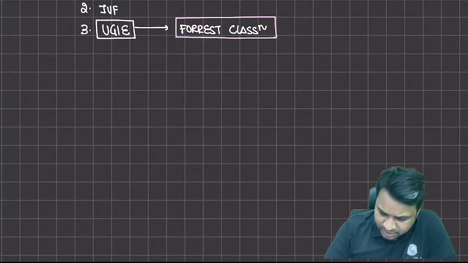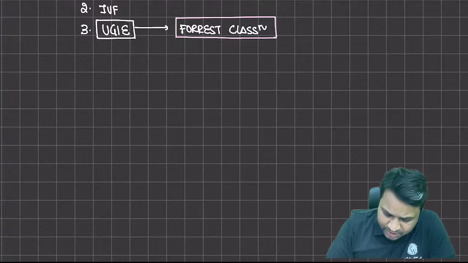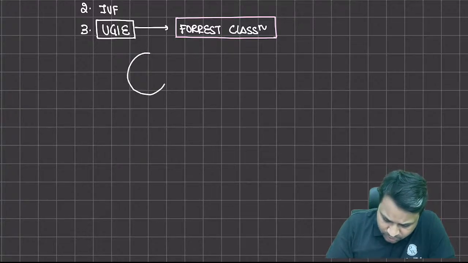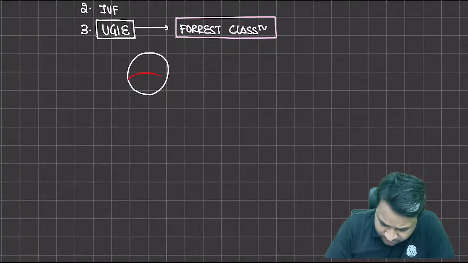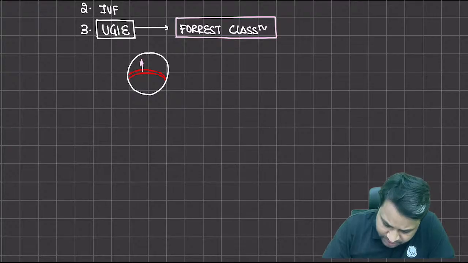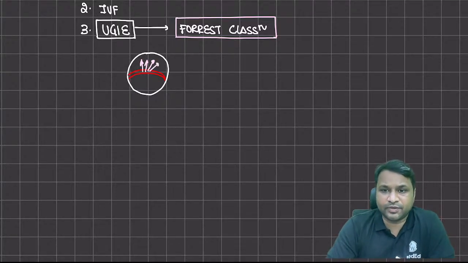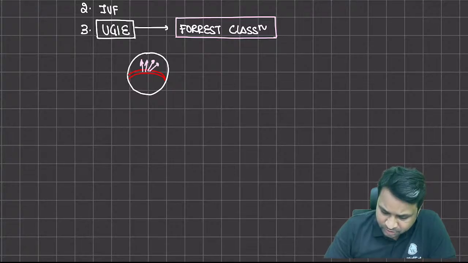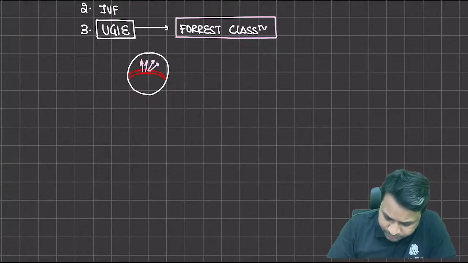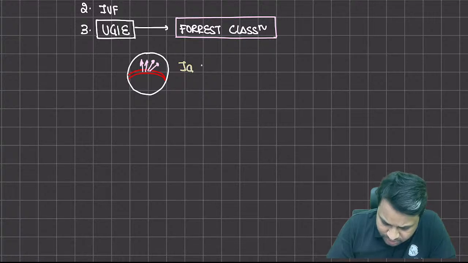According to the Forest classification, when you see the base of the ulcer, now imagine this is the base of the ulcer, and if you see there is a visible blood vessel at the base of the ulcer, and from this visible blood vessel, if there is an active spurt of blood, this is what we call the Forest classification 1A.